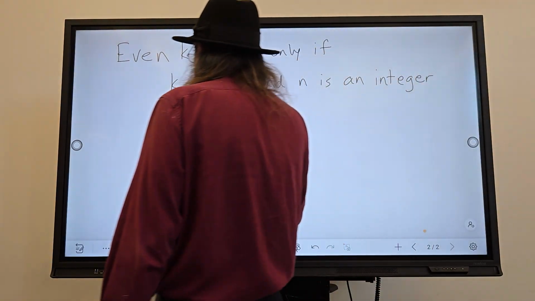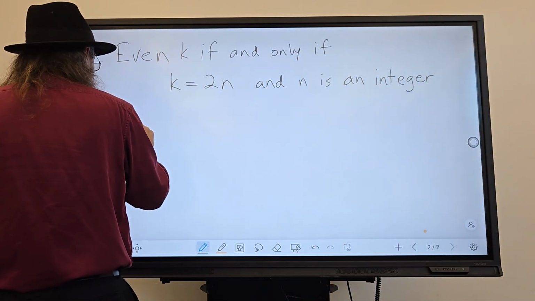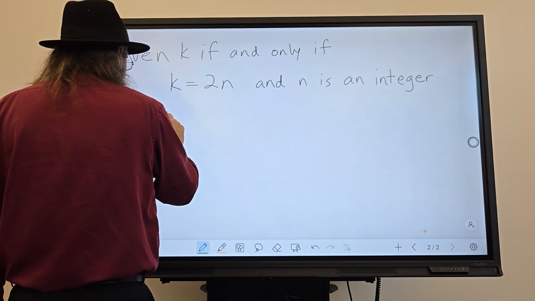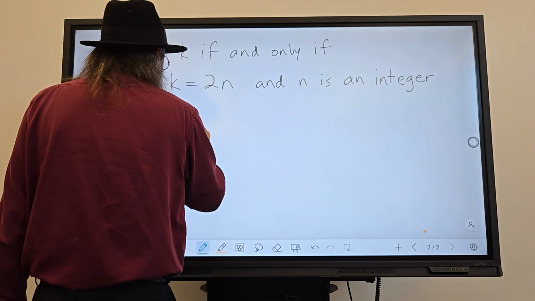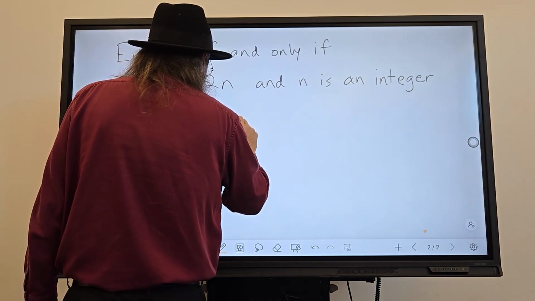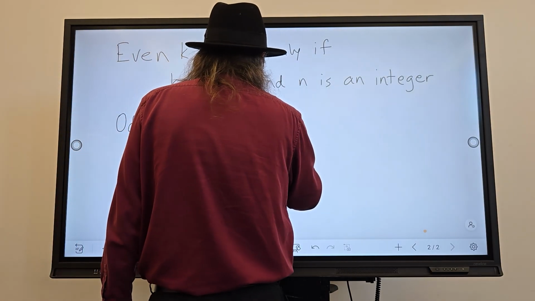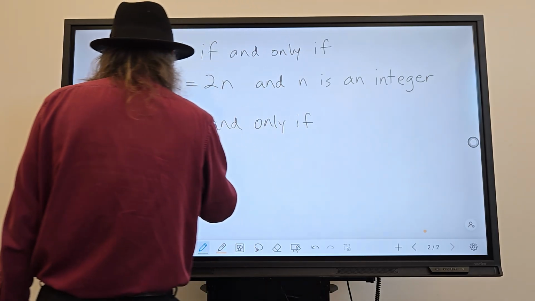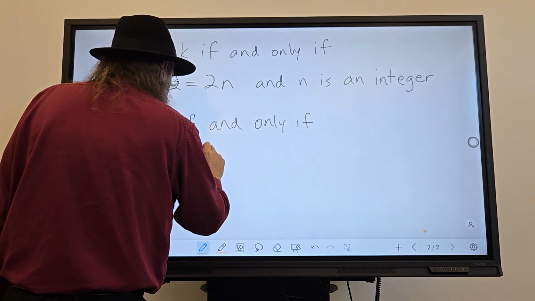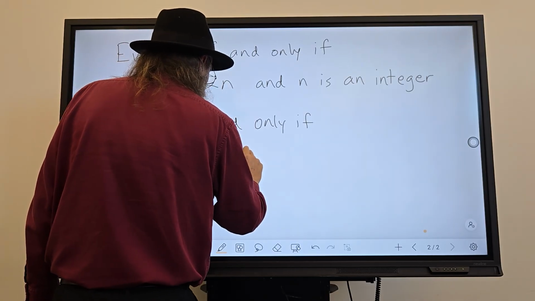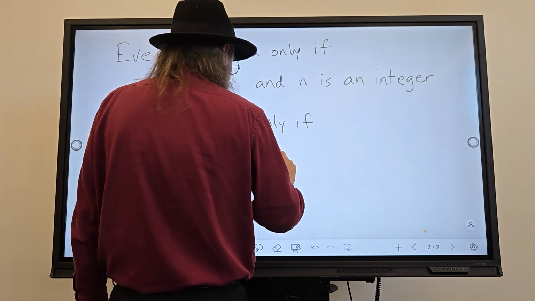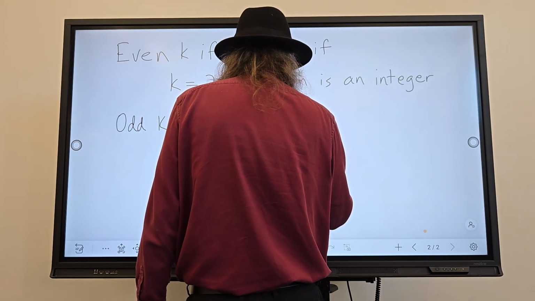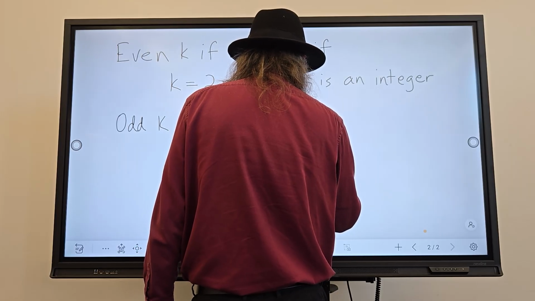K is odd if and only if k equals 2n plus 1, where n is an integer.